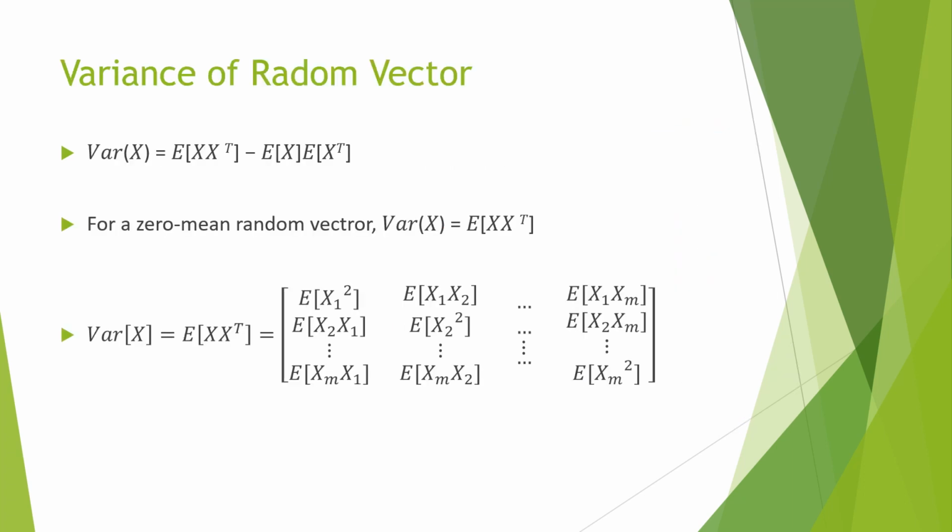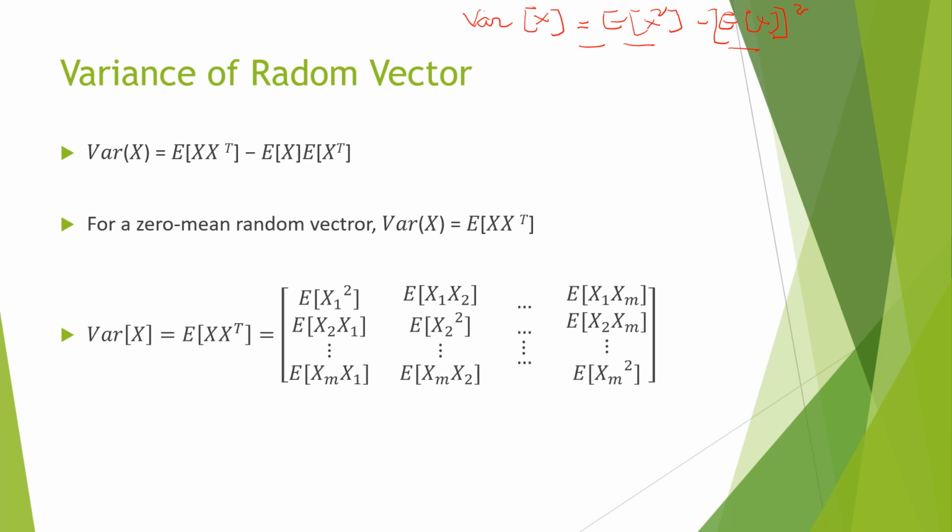Now we compute variance of a random vector. To understand this, I'll write the equation for variance of a single random variable X. Variance of single random variable X is equal to E[X squared] minus (EX) whole square. This is for a single random variable: mean square minus square of the mean.